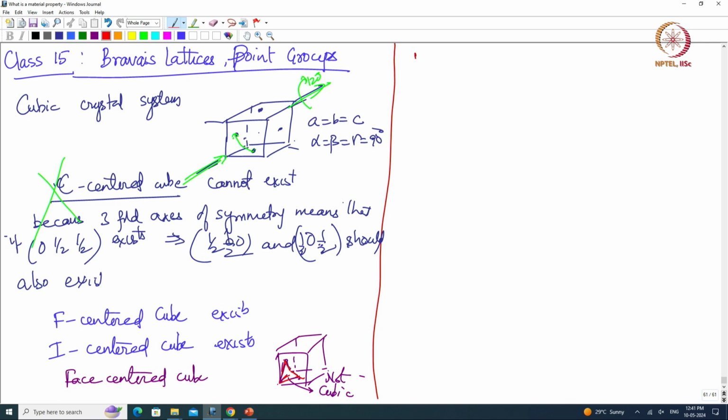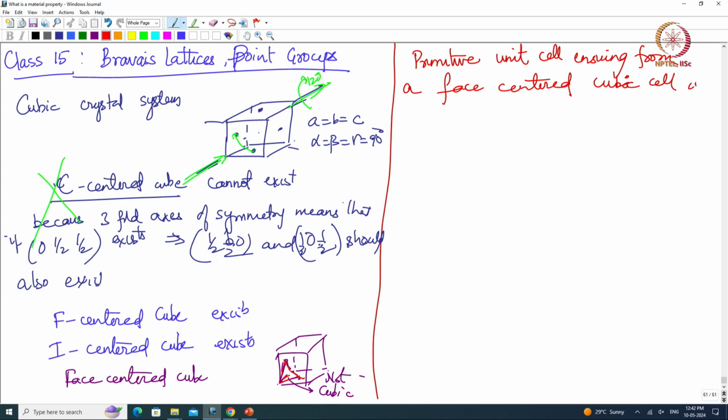So, a primitive unit cell ensuing from a face centered cubic cell does not show a cubic symmetry, which means the unit cell does not look like a cube anymore.